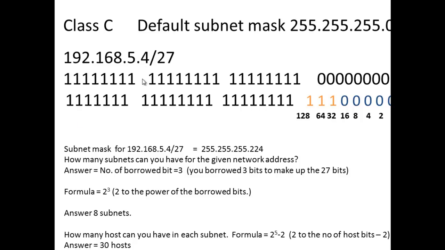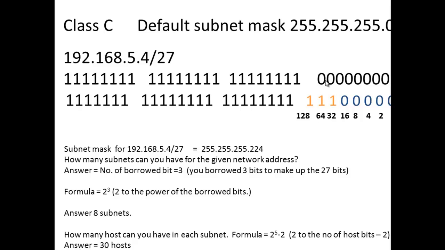How do we work out the subnet mask for that network address? Well, simple. We already know that the class C address has 24 bits for the network part. So we need to find 3 more bits to make 27. What you do is you borrow the bits from the host section of the address.